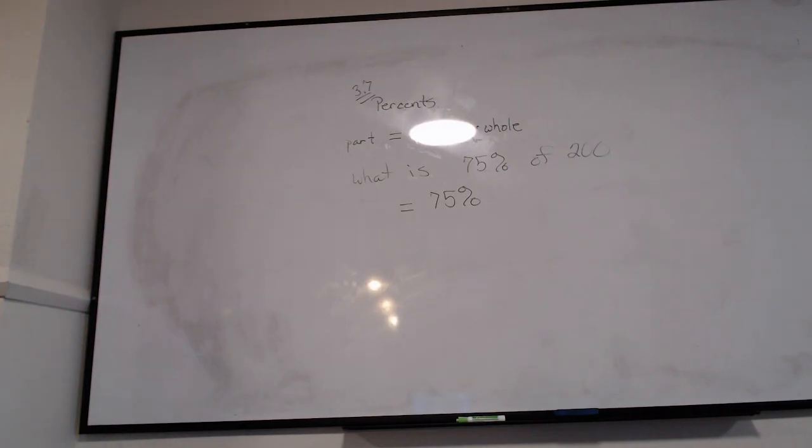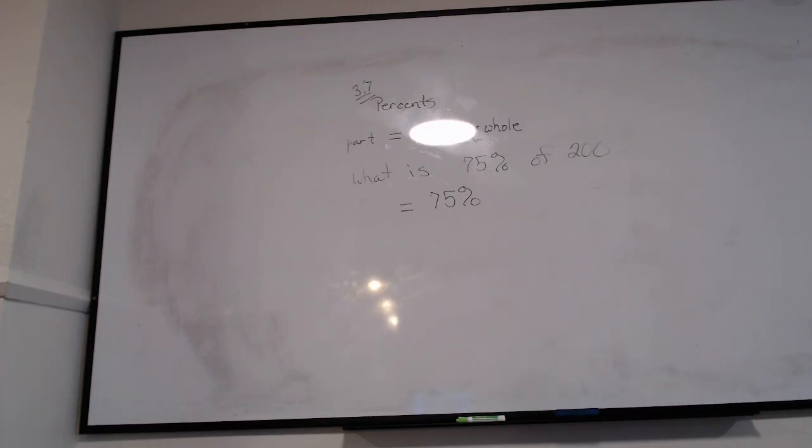How do you know? Because it's the whole number. Well, what if I put 400 is 70% of something? How do you know where the whole is?